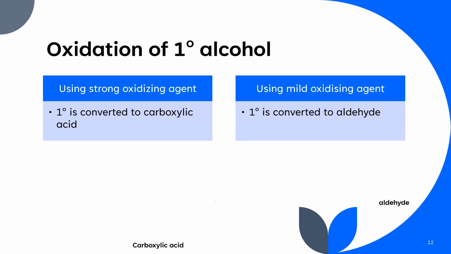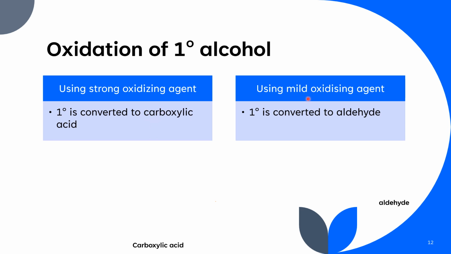Right, so now let's study the oxidations of primary alcohol. So untuk primary alcohol, we can oxidize the primary alcohol by using both strong oxidizing agent and mild oxidizing agent. So what's the difference adalah, kalau kita gunakan strong oxidizing agent, you will get carboxylic acid as the final product.